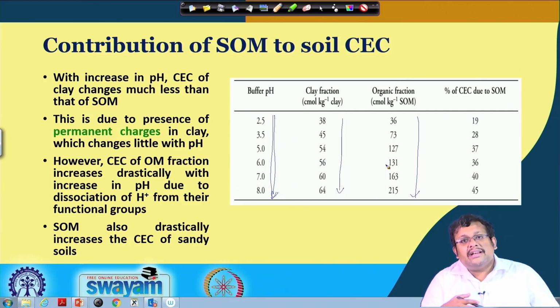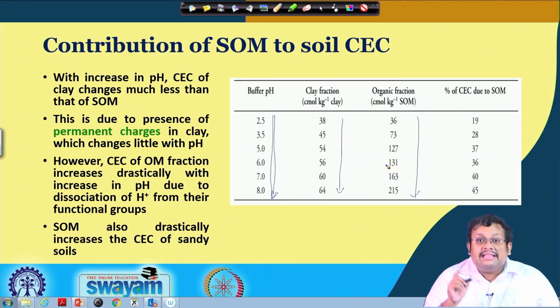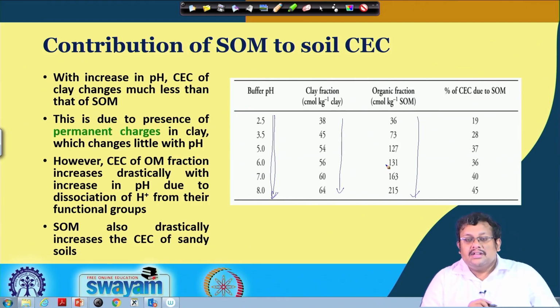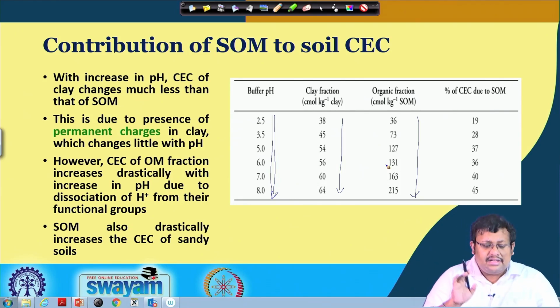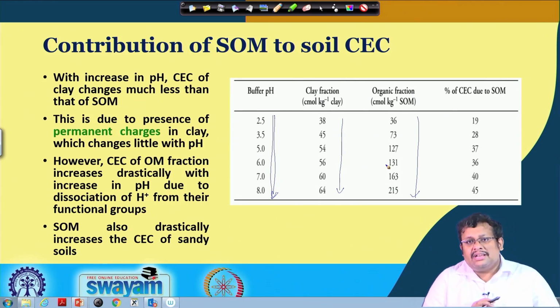So soil organic matter is a better contributor of CEC as compared to clay, and this is due to the presence of permanent charges in the clay, which change little with pH. In soil, except for kaolinite and amorphous iron and aluminum oxides, most of the charge developed in crystalline clay minerals is permanent charge, which changes very little with pH.